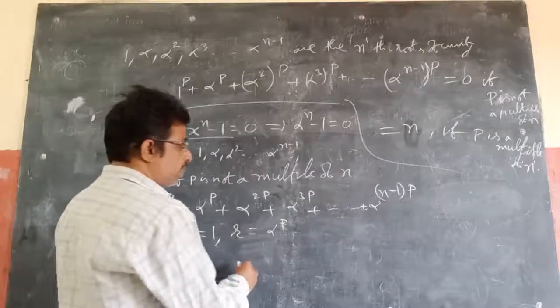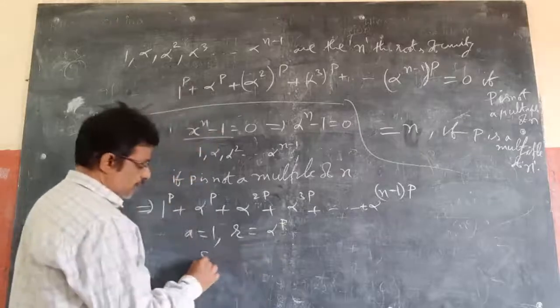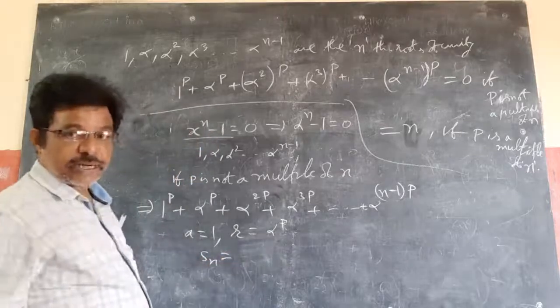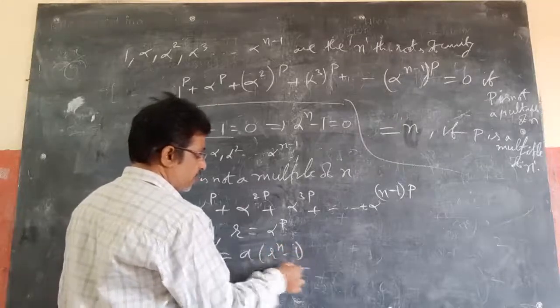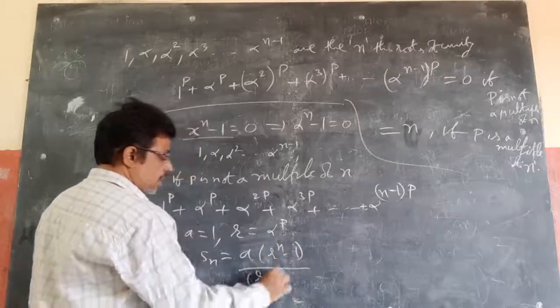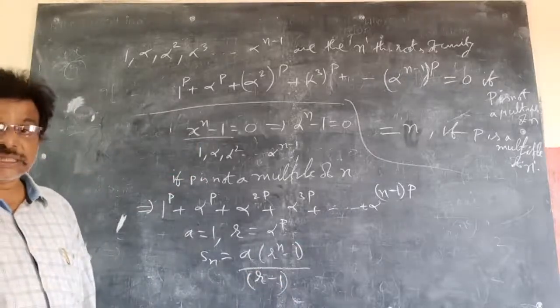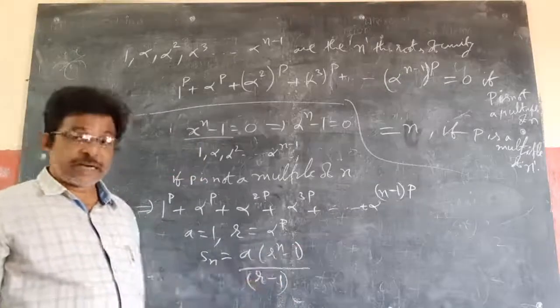What is the sum of a GP of n terms? Sn is equal to a into r power n minus 1 by r minus 1 only.